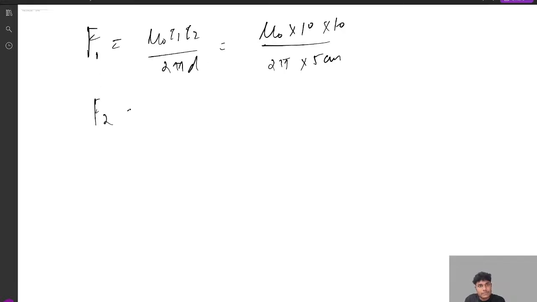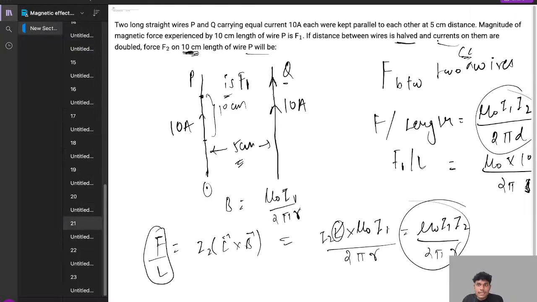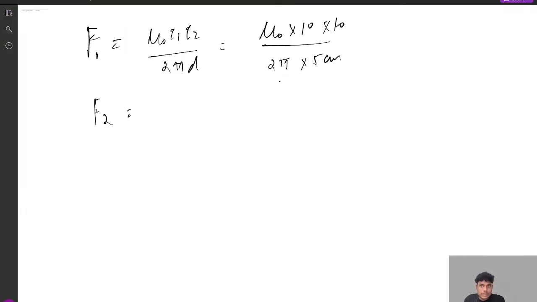And what is F2, what is the condition in the second situation? The current on them are doubled. If the distance between the wires is halved and current on them are doubled, okay, the current has been doubled and the distance has been halved, that is 20 into 20 upon 2 pi, and what is the distance, that is 2.5.